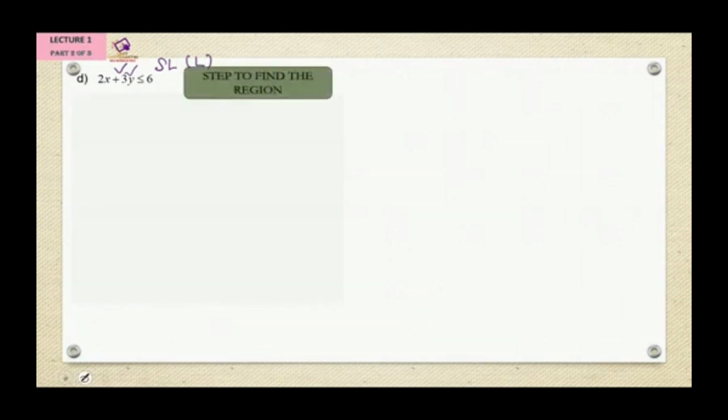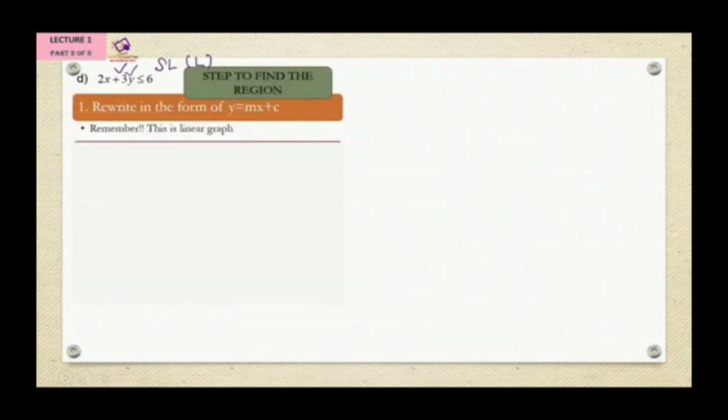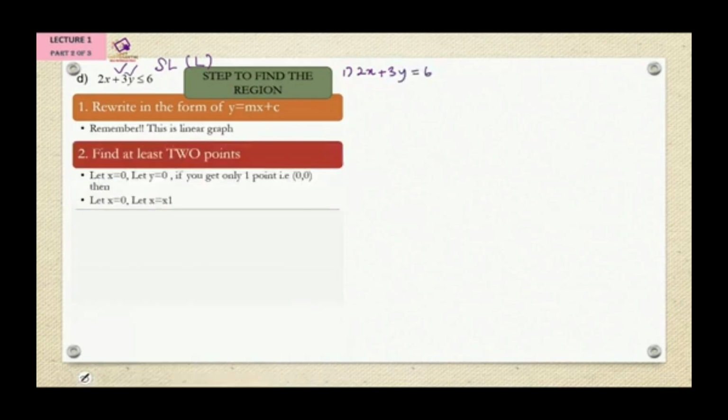Now again, the first step, we need to rewrite. So 2x plus 3y equals 6. Next, we need to find at least 2 points. We let x equal 0, so y will be 2.